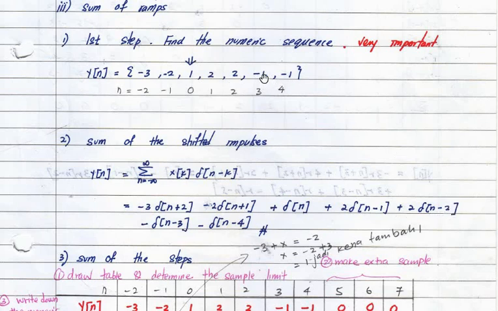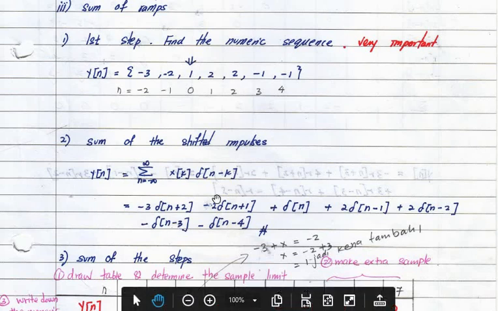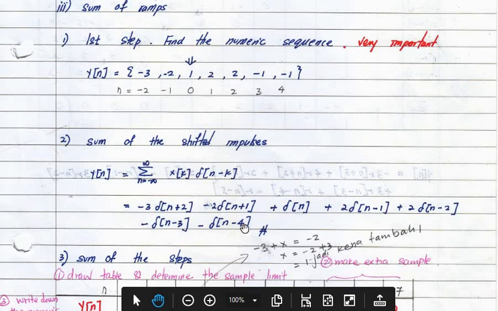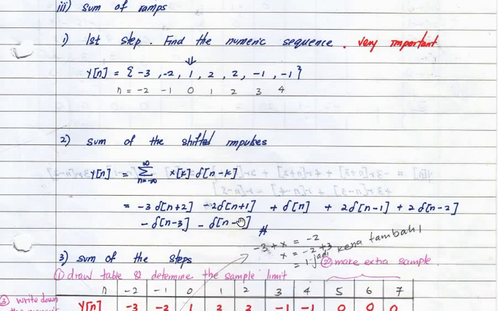Then minus 1 at location 3, so minus delta n minus 3. And minus 1 again at location 4, counting 1, 2, 3, 4, so minus delta n minus 4. This is called the sum of the shifted impulse. This is quite simple.